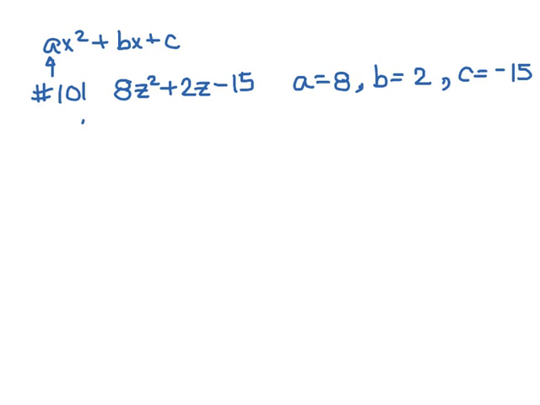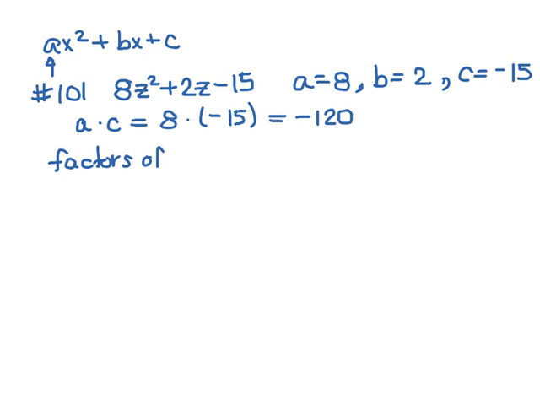Okay, so now we need to figure out what A times C is. A times C is 8 times negative 15, which equals negative 120. Now we're going to look for factors of A times C, or factors of negative 120, and they have to add up to our B, which is 2.